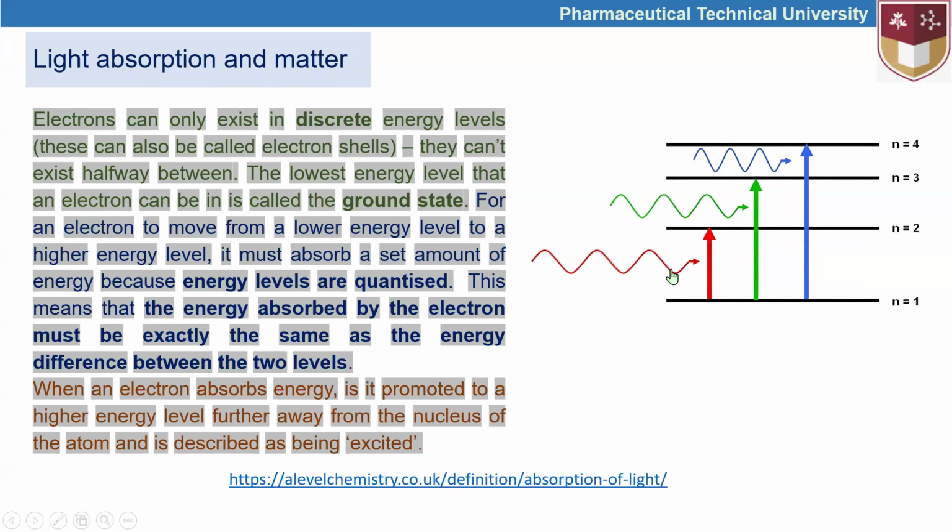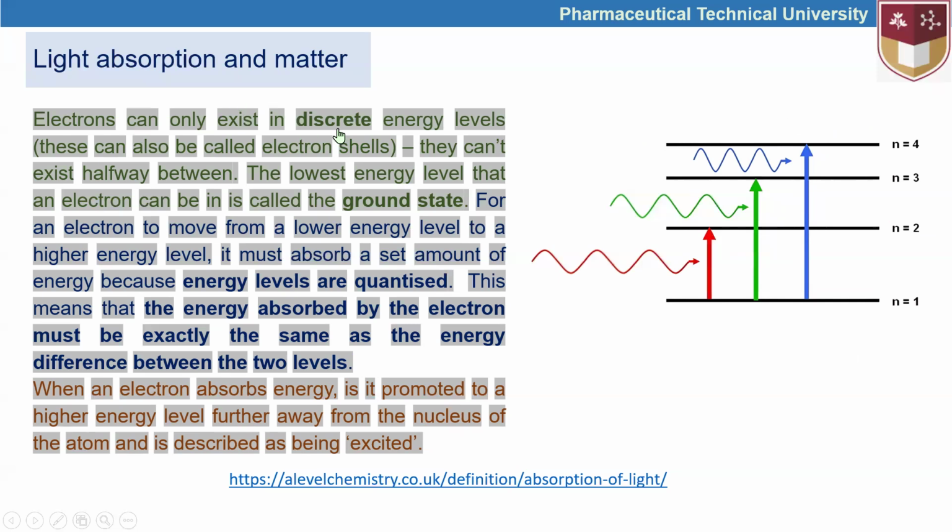Since red color has a much lower energy, it might cause the electrons to jump to a closer state, and blue color might cause the electrons to jump to the farthest distance, as indicated here.